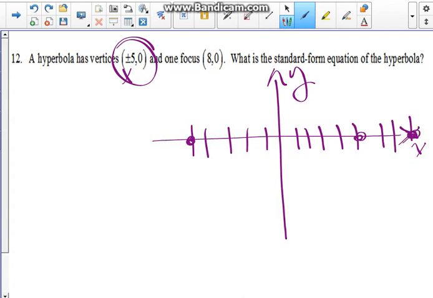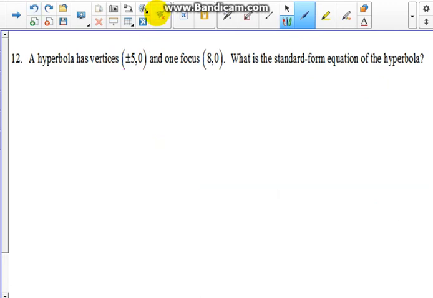That means that this hyperbola is sitting like this and this. It doesn't ask us to graph it, it just asks for the standard equation. So we know that this is a horizontal hyperbola, so we're going to use those formulas for horizontal.